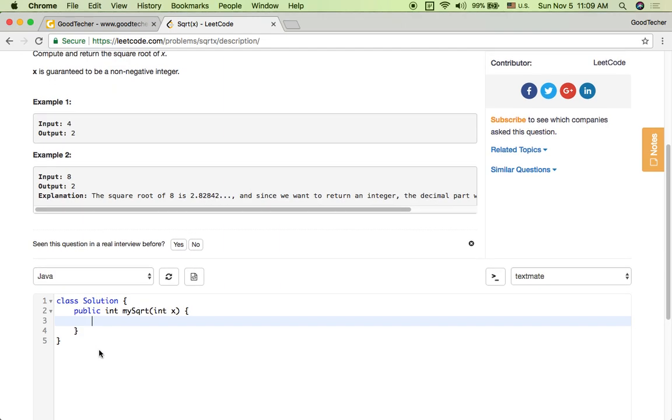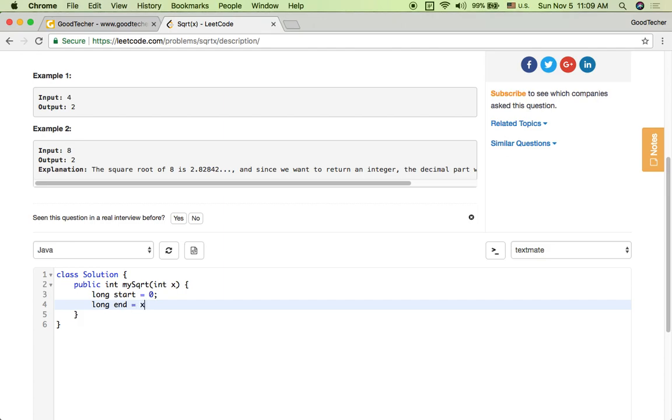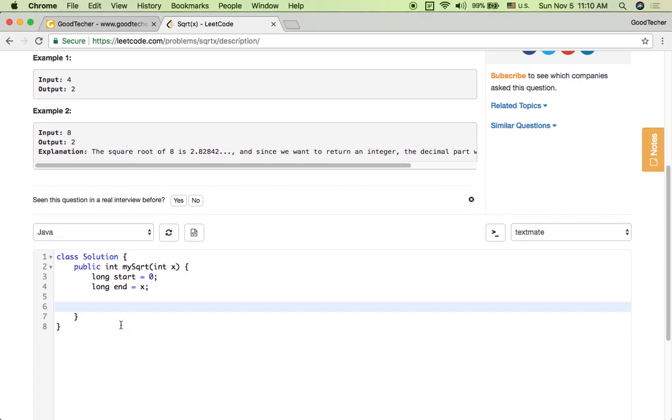So let's start with the start and end index. The end would be x. I use the long data type here because at some points integer multiplied by integer would get an integer overflow. So we can use long at the beginning and then cast to integer at the end.